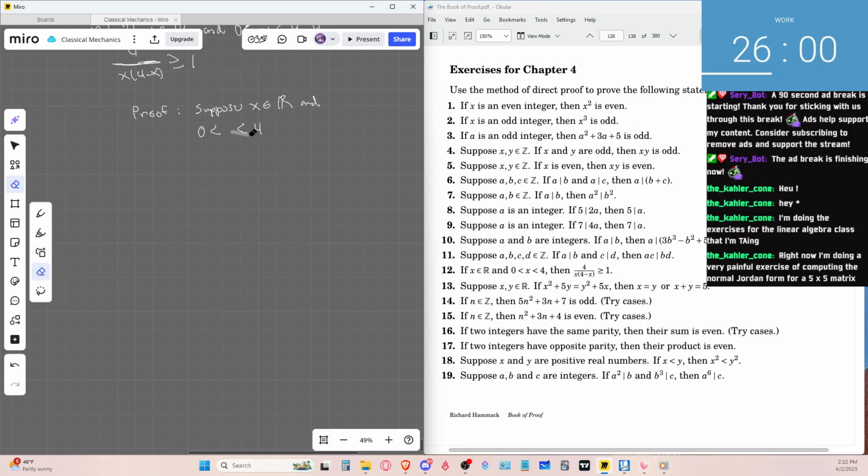So the way they wrote it. Okay, so they said, so proof. Assume. Then. Which implies.